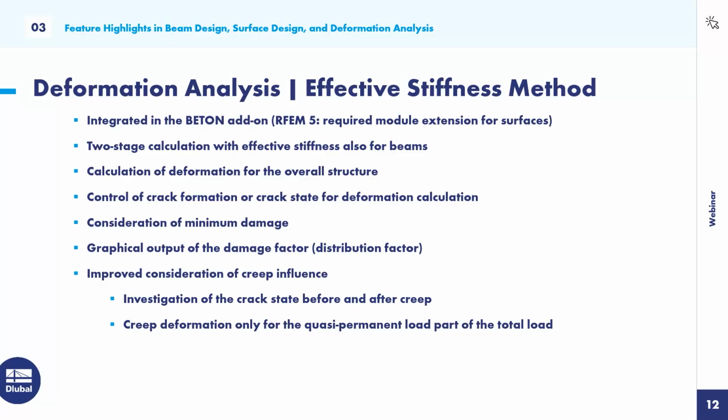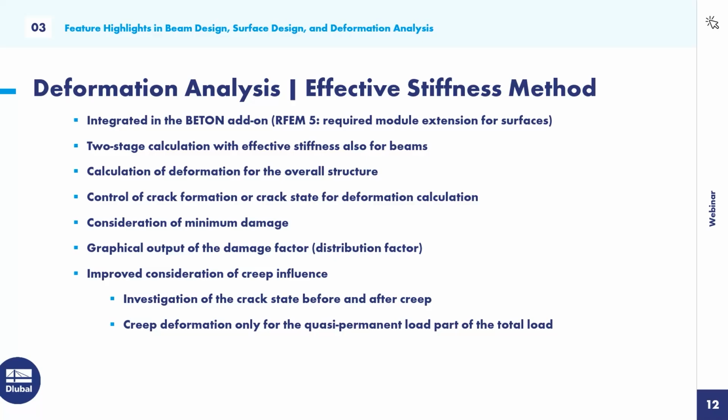In the first step, we calculate the internal forces with linear elastic calculations. Then we calculate the effective stiffness on the cross-section, whether it is cracked or not cracked. This effective stiffness is then written to the finite element solver, and in the second step we make an additional analysis for the deformation.